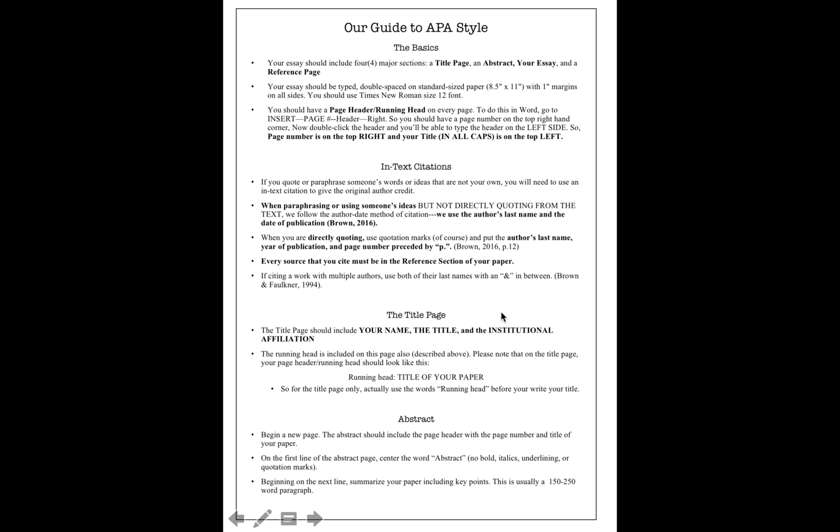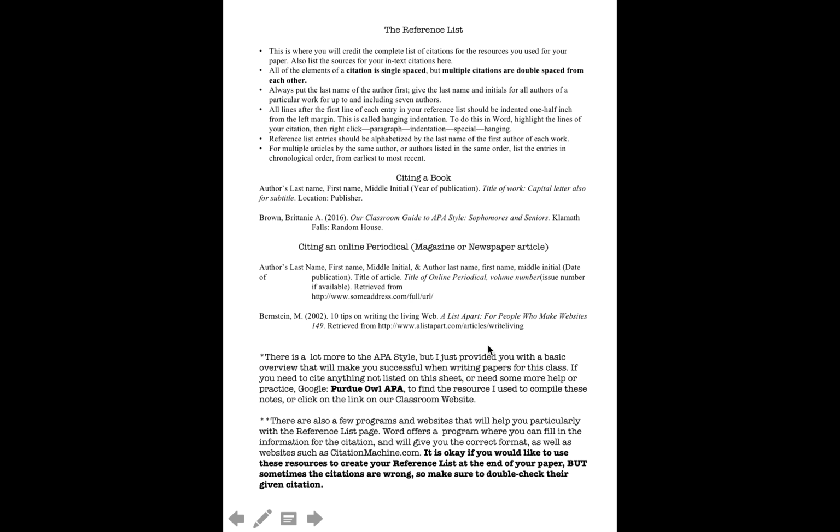And then this is for the title page, so you will write your name, you'll write the title of your paper, and then you'll write the University of Idaho. You'll have a running head, and then this is just tips for citing a book, using that reference page.